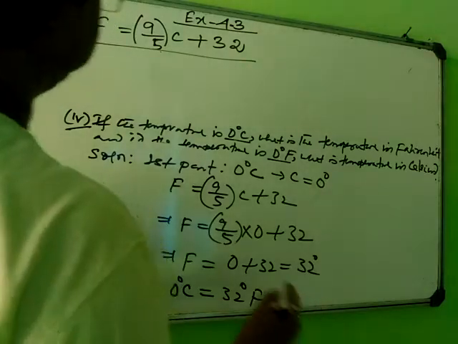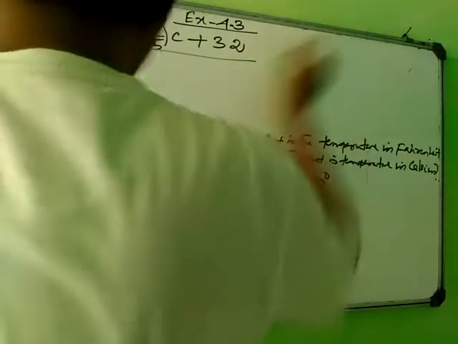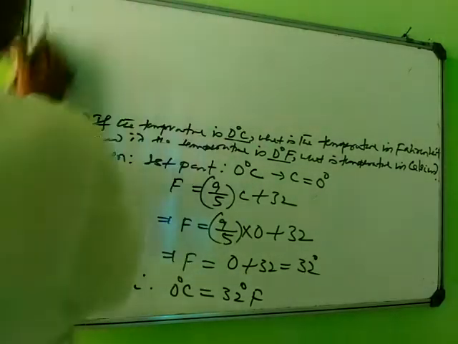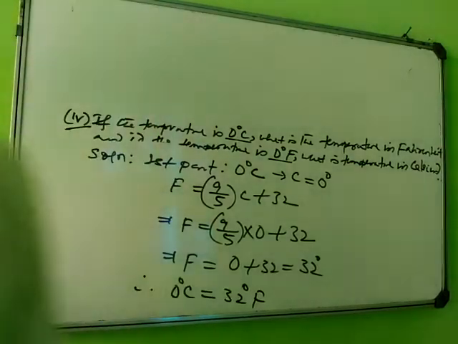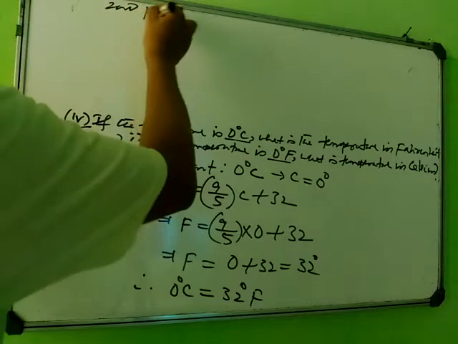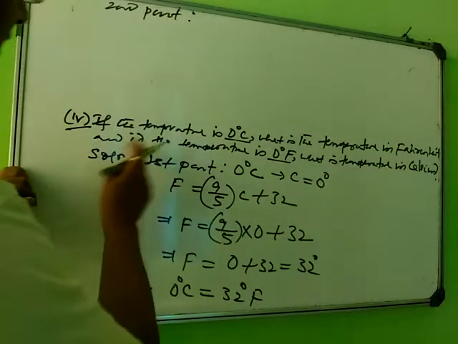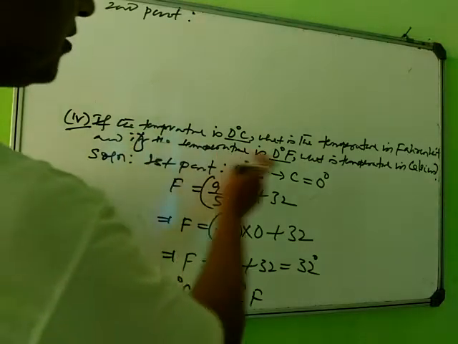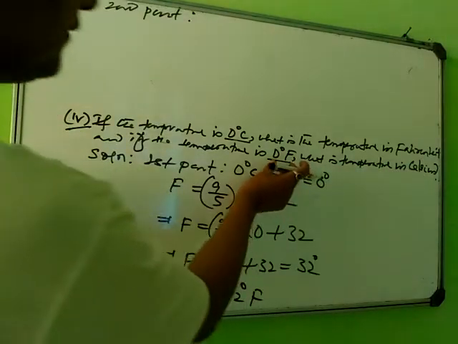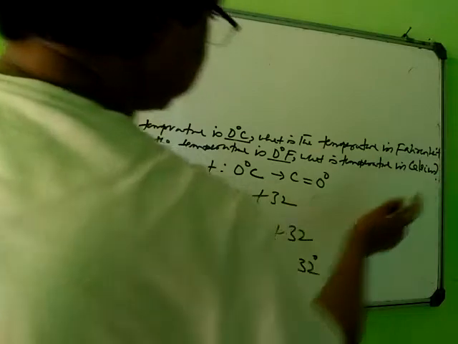Then second part. If the temperature is 0 degree Fahrenheit, what is the temperature in Celsius? Now they have given it in Fahrenheit, you have to convert it into Celsius.